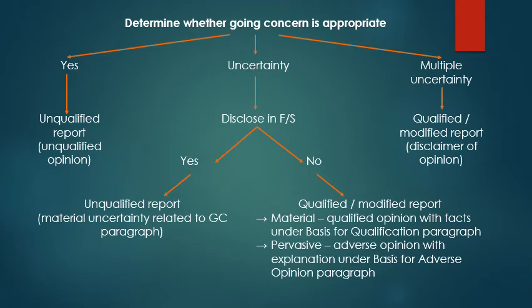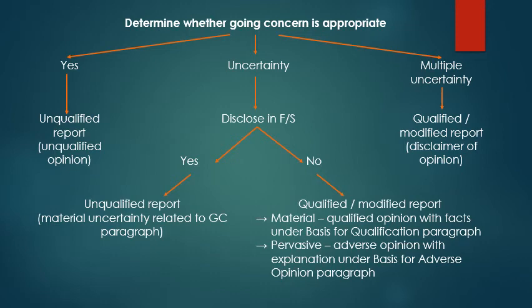Going concern also has an impact on the type of audit report that the auditor will issue. Now, there are different outcomes here that you can consider. If the auditor has determined that the going concern is appropriate, then the auditor would most likely issue an unqualified audit report or audit opinion.